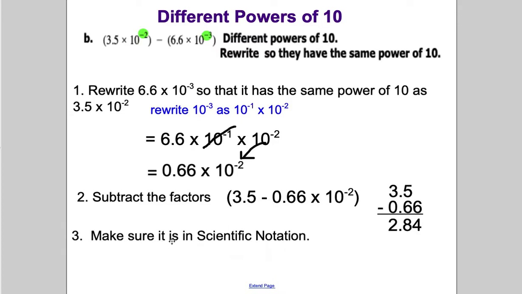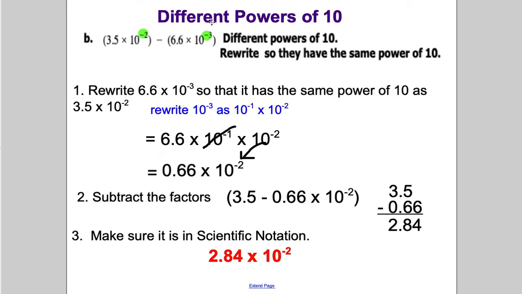Now I can make sure I write this in scientific notation. 2.84 times 10 to the negative 2 is my answer. Wherever I put it, it's here somewhere. There it is. Let me go back. Here we go.